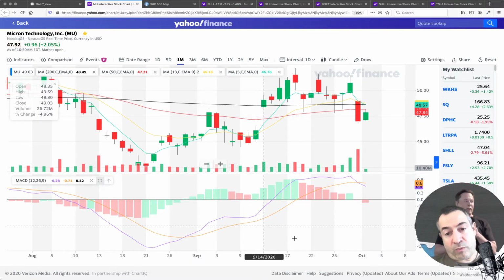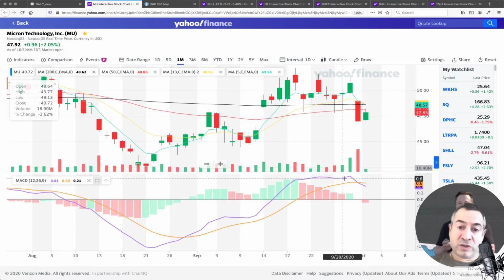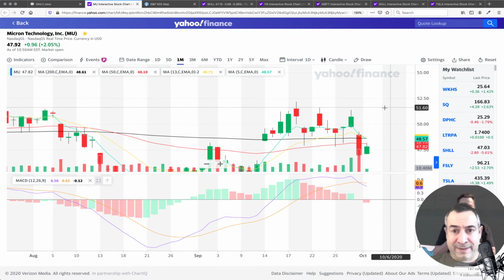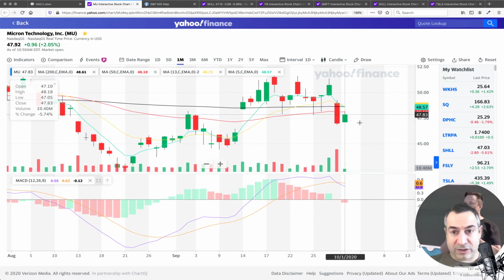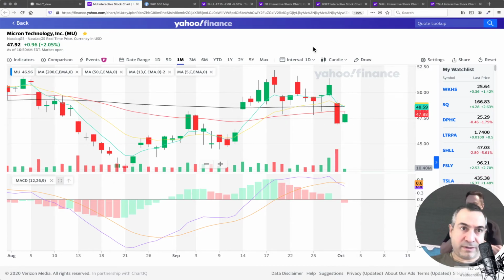Normally it would have gone down here and recovered, but no, it did a false reverse. Now it got all the way to the top. That seems to be like a high peak, and that's why now it's falling so much. Look at this drop, and that's why it was negative. So I wouldn't buy this one right now.